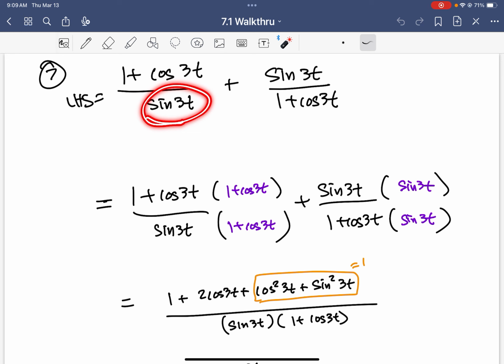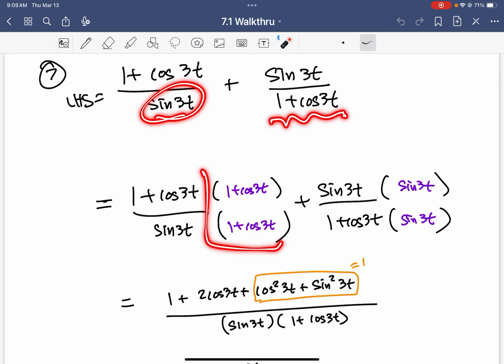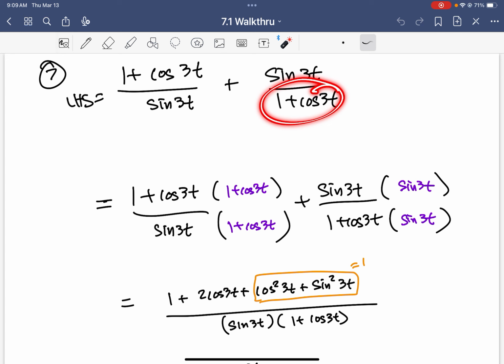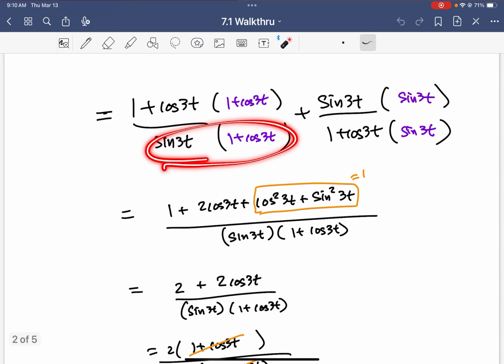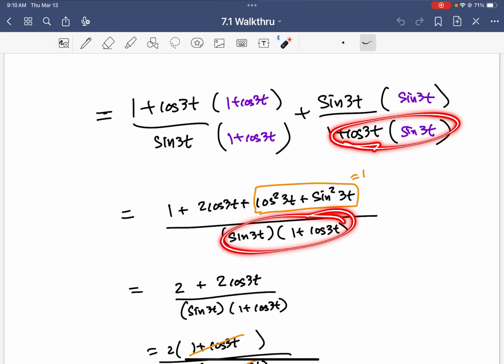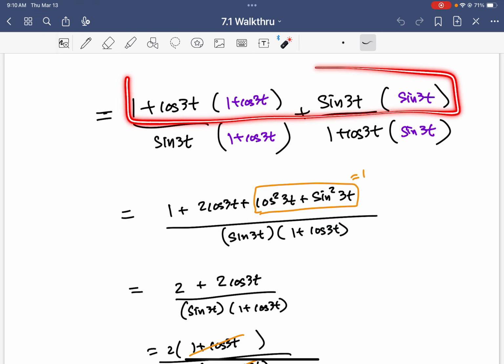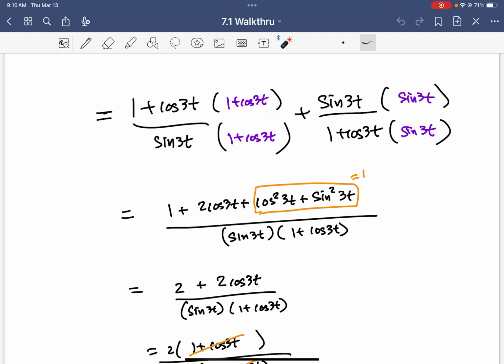So I look at this denominator and this one and say, okay, well, this one is missing 1 plus cosine, so I multiply it by this well-chosen one. And I say that this is missing cosine, so I multiply this term by this well-chosen one. When you do, this is the common denominator, and this is the common denominator, so I can just add their numerators over the common denominator.